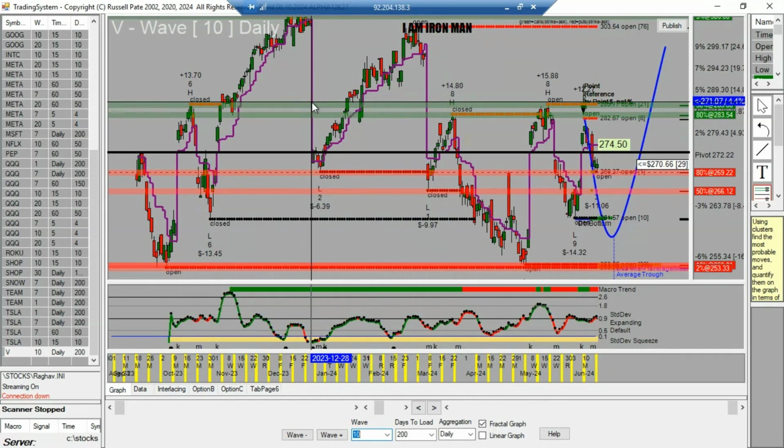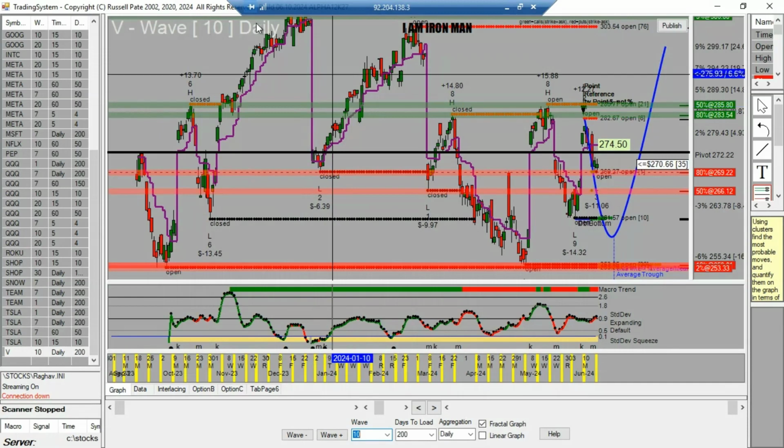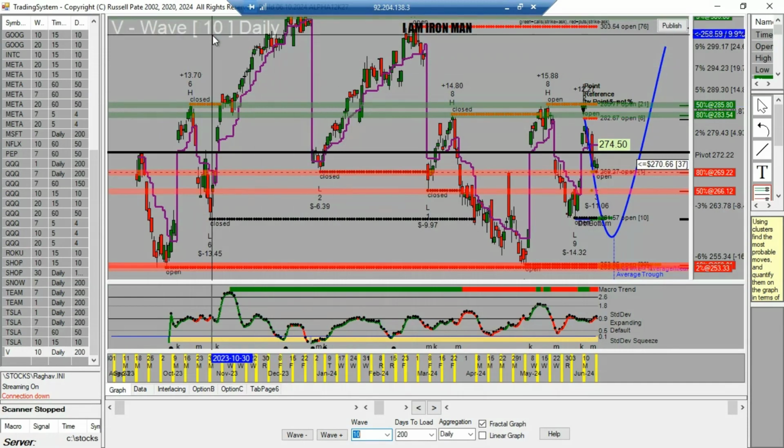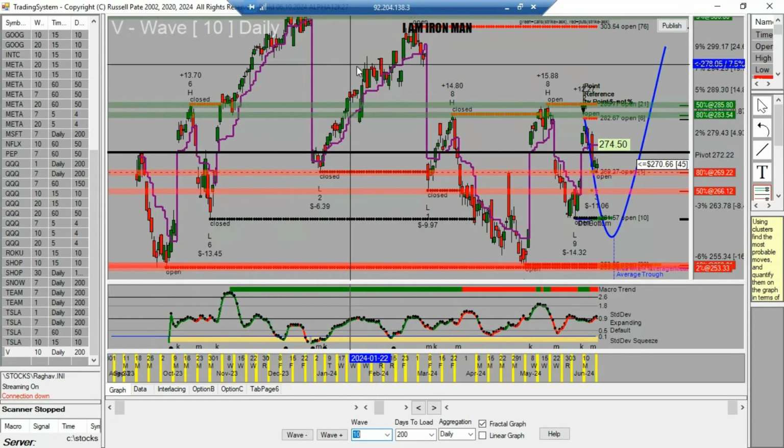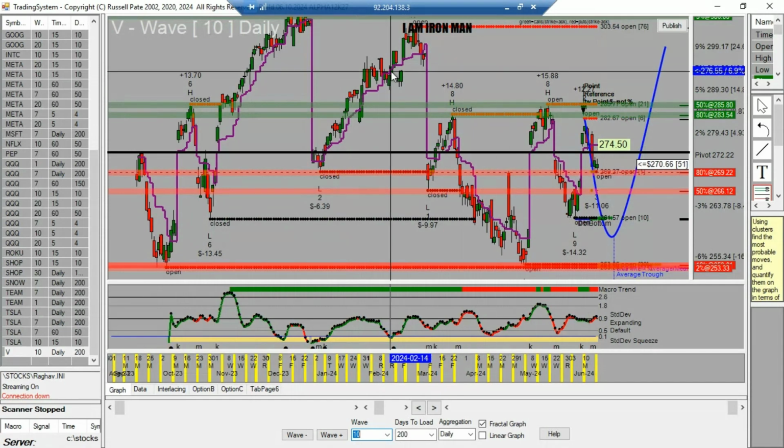That is the main aim of the wave 50 and the wave 100, and they work pretty accurately. Now along with the wave 7 and the wave 10, you can also use wave 20, but you need to make sure that you see some kind of vector support or vector resistance from it, because the v20 vector works the best. We'll talk about that sometime later when we make more macro to micro analysis.